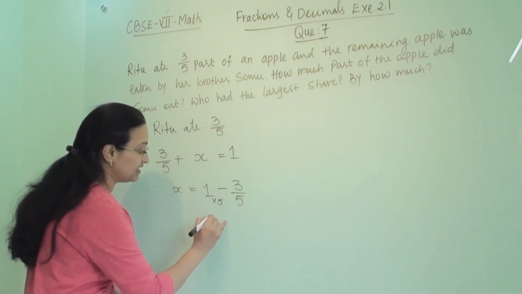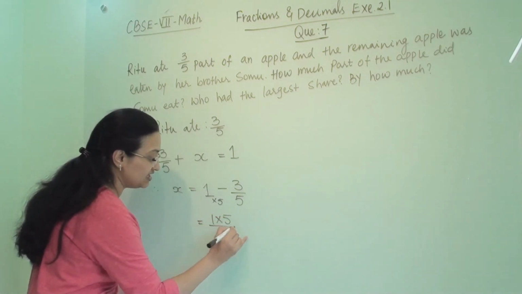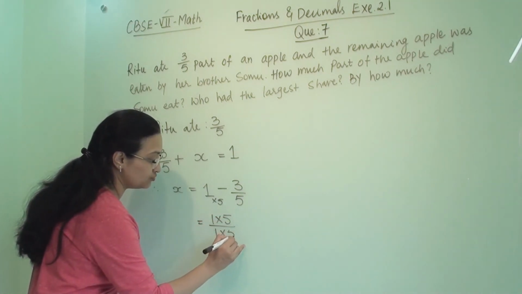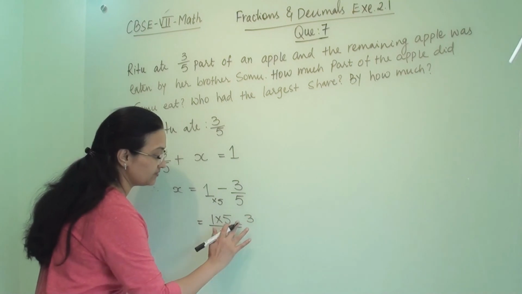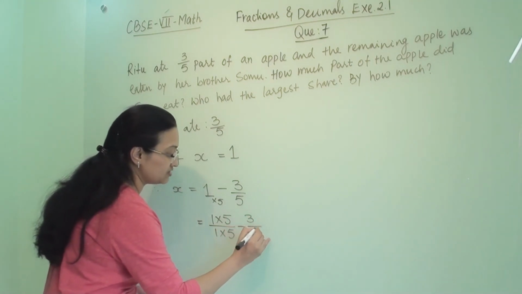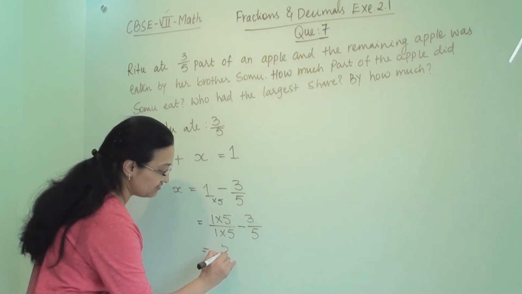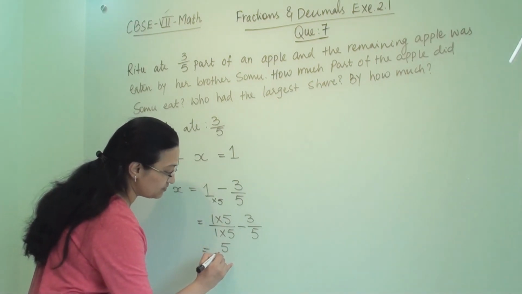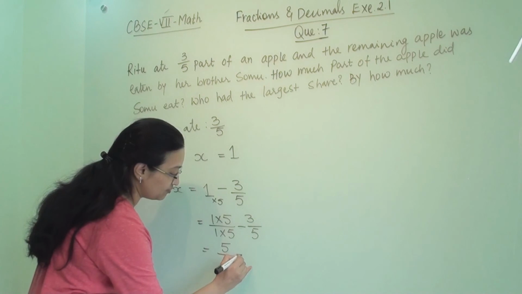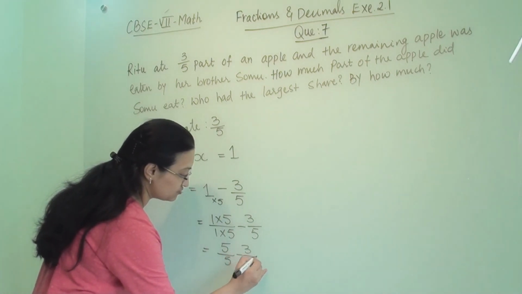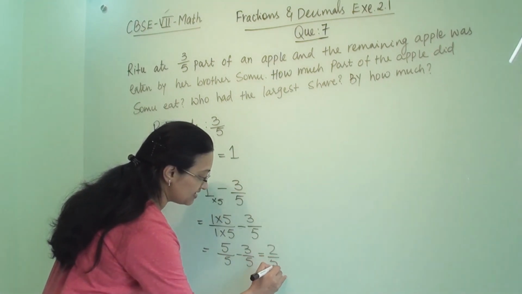So here we will get 1 into 5 divided by 1 into 5. And in the subtraction 3 by 5 will be there. So we will get 5 divided by 5 minus 3 by 5, so here we will get 2 by 5.